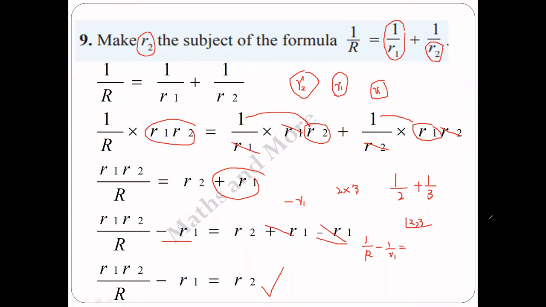Okay. Then, on the other side, 1 over R1 plus 1 over R2 minus 1 over R1. Now you can cancel out this 1 over R1 with this one. So this is not the answer. Still 1 over R2 is there in the right hand side.